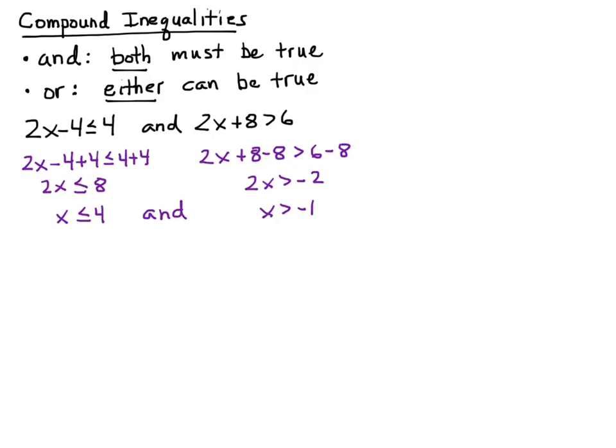Like for instance, if x equals 0, well 0 is less than or equal to 4 and 0 is greater than -1, so this represents an interval, actually, right? So they both can be true. So we can write it as a single inequality with two inequality signs in there. So all the numbers between -1 and 4 would make that true.